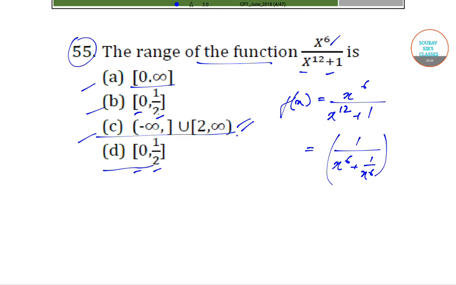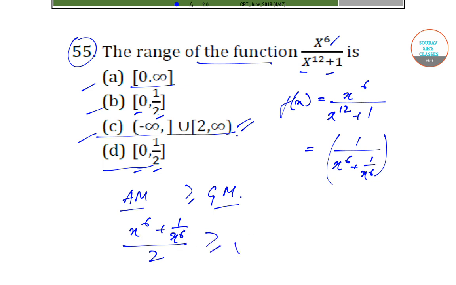Now, using the relationship of AM is greater than equal to GM, we'll see that if we take x to the power 6 and 1 by x to the power 6, and we apply the AM-GM relationship over here, then x to the power 6 plus 1 by x to the power 6 upon 2 will be greater than equal to root over x to the power 6 into 1 by x to the power 6.